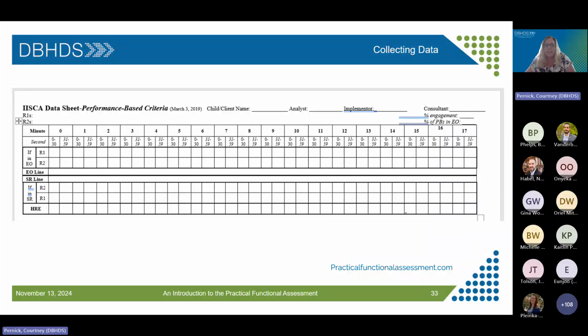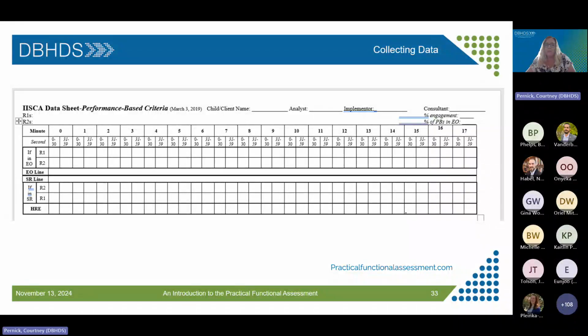So you start your analysis out, as we said, with 5 minutes of HRE. You always start out in the reinforcement context, so you always start your line here. And if the person was HRE during that interval, you would mark it here. Let's say it takes about a minute, and then we establish HRE with this learner.